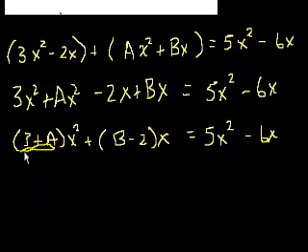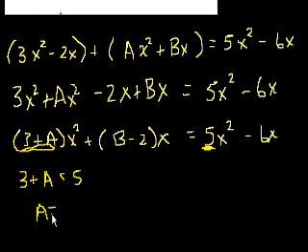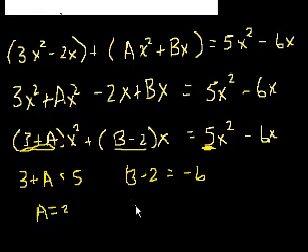And now you just compare. If you just look at the x squared terms, 3 plus a has to be equal to 5, right? Because that's the coefficient on the x squared term. So 3 plus a is equal to 5. Subtract 3 from both sides, you get a is equal to 2. And then we have b minus 2, which has to be the coefficient on x here, so it has to be equal to minus 6. Add 2 to both sides, you get b is minus 6 plus 2.